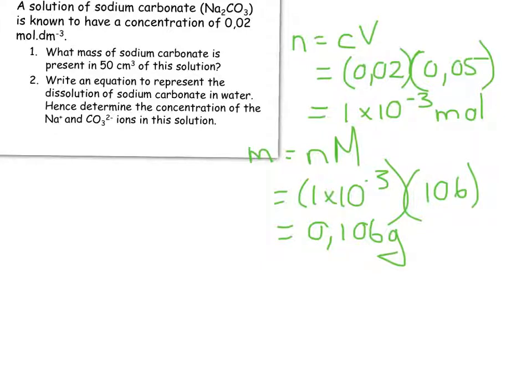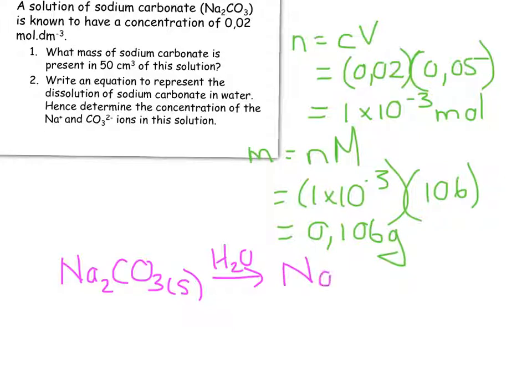Then they ask me to write an equation to represent the dissolution of sodium carbonate. Well, I know what sodium carbonate is. It's Na2CO3, they told me, and it's a solid. I put it into water because that's how it's going to dissolve, and I land up getting Na plus ions and CO3 2 minus ions.